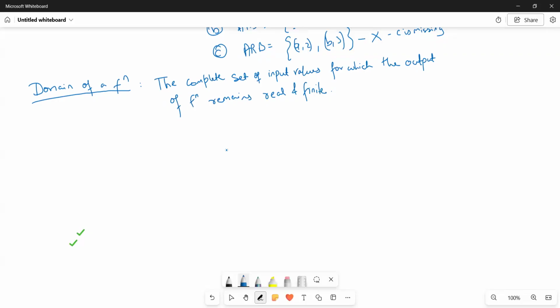That it is the complete set of input values for which the output of a function remains real and finite.